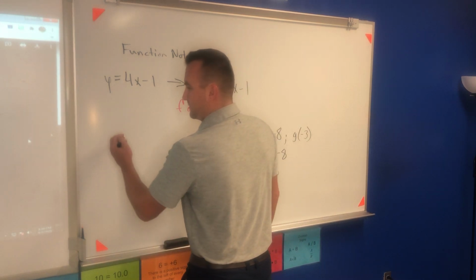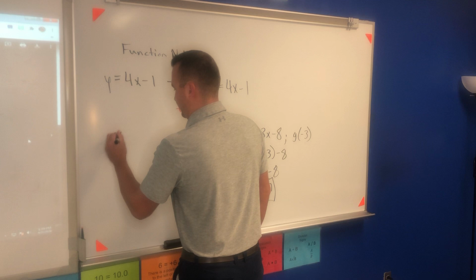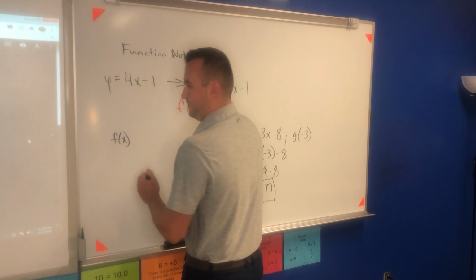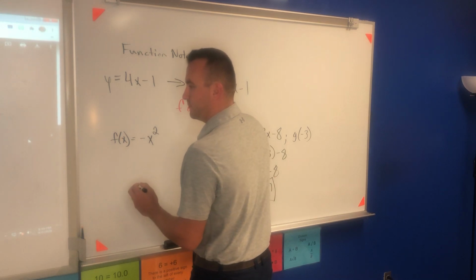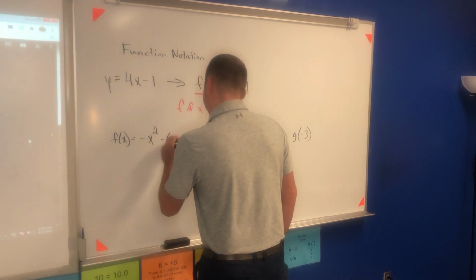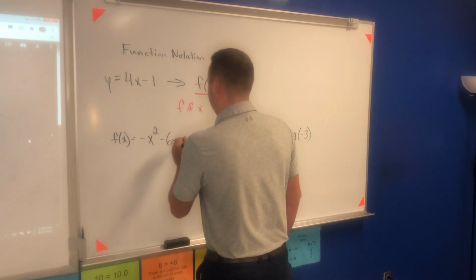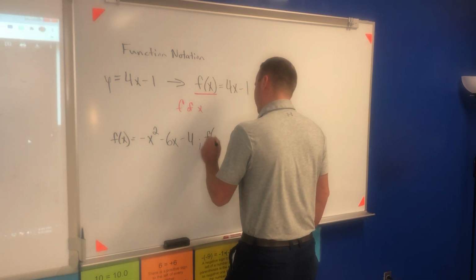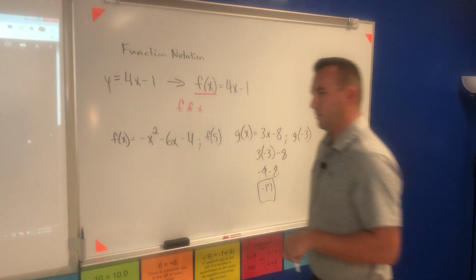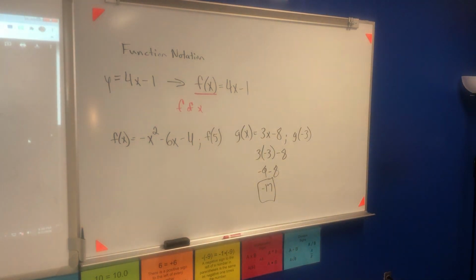Even if you have two x's. Okay, watch this one carefully. You've got f of x is equal to negative x squared minus 6x minus 4.